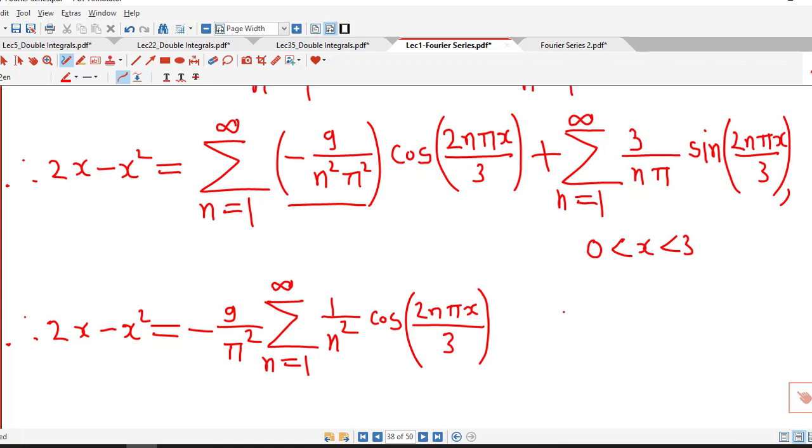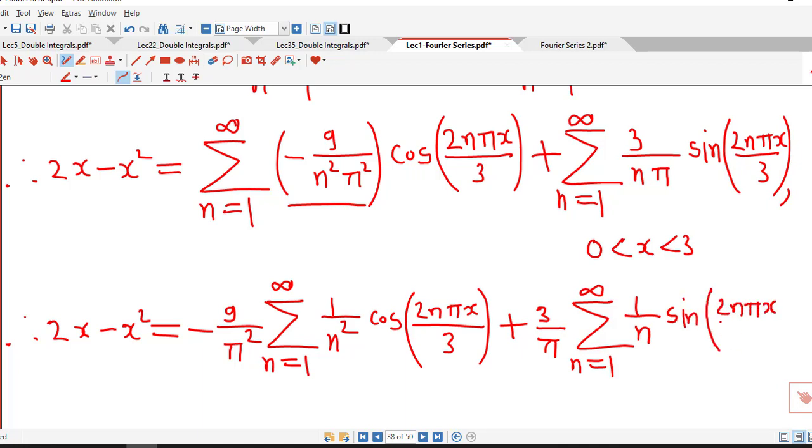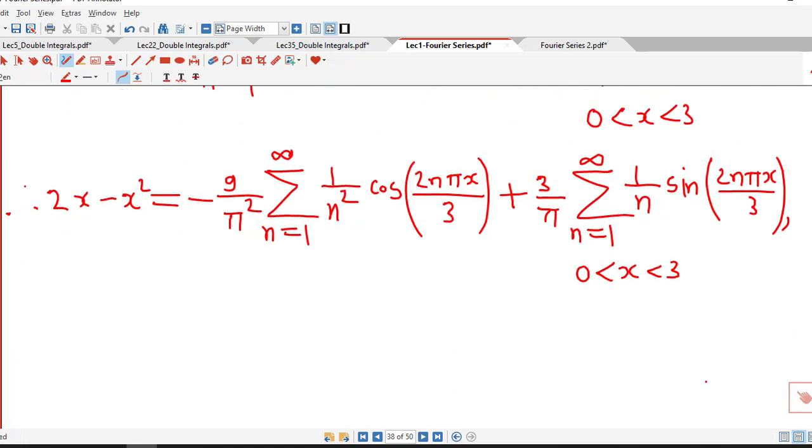Here we have 3 over pi is independent of n, so we take it outside. Sigma n equal to 1 to infinity 1 by n sin 2 n pi x divided by 3. X is in between 0 and 3. So this is the required Fourier series of function 2x minus x square in the interval 0 to 3.